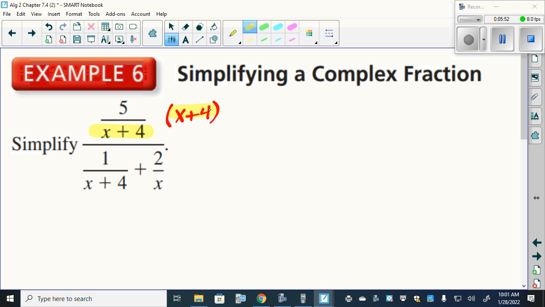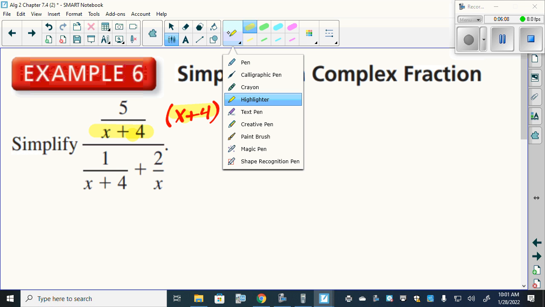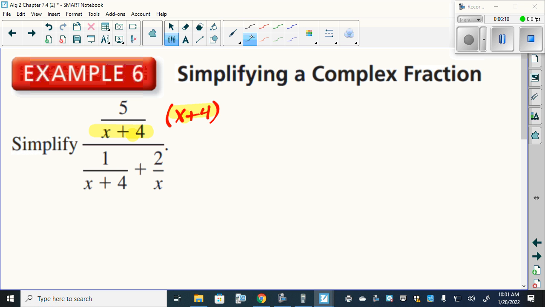What would I get? 5 times x plus 4 over... Well, wouldn't these two cancel each other out? Yes. Because let me write it out. Exactly, we would have in the numerator 5 times x plus 4 over, so that would simplify too. So if I can multiply the numerator by x plus 4, it would cancel out in the denominator, yes?